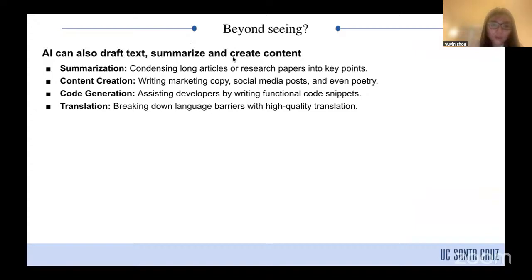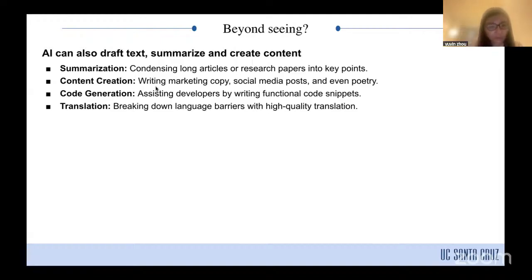Okay, and also as a side note, we want to mention that AI not only can see and understand images by doing different visual perception tasks, but also can draft text, summarize, and even create new content.